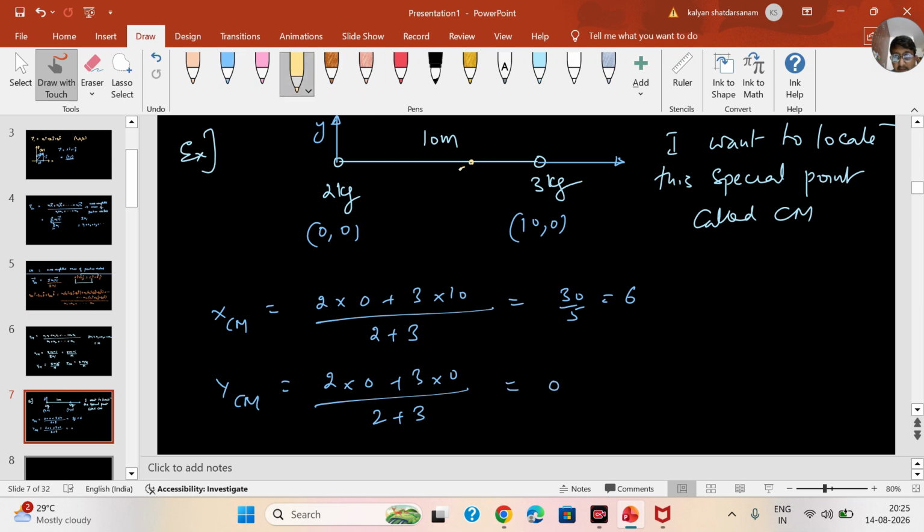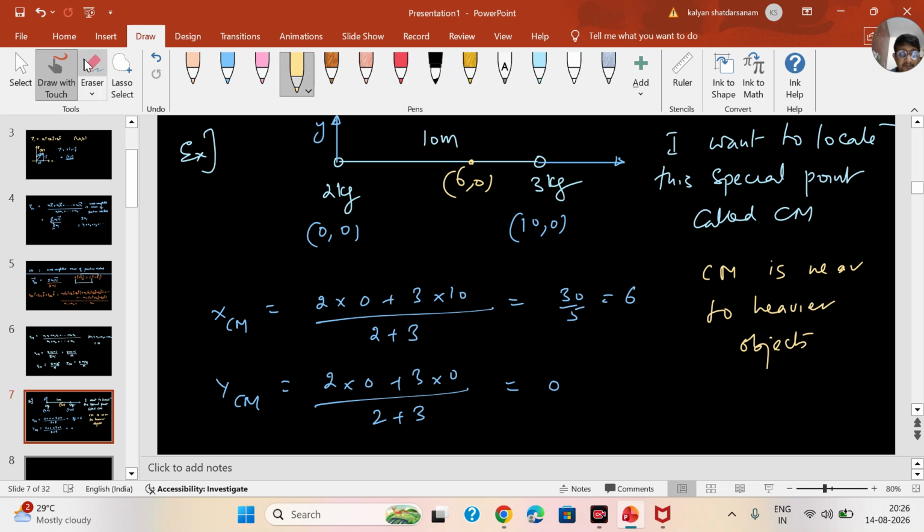So somewhere here. You can see the center of mass is near to the heavier object. If there are many heavy objects, it will be on that side. Suppose there are light and heavy objects in space. The center of mass will be nearer to heavy objects, farther from light objects.